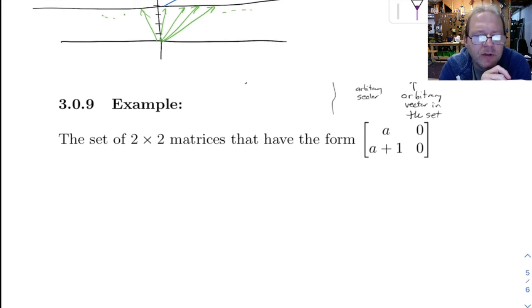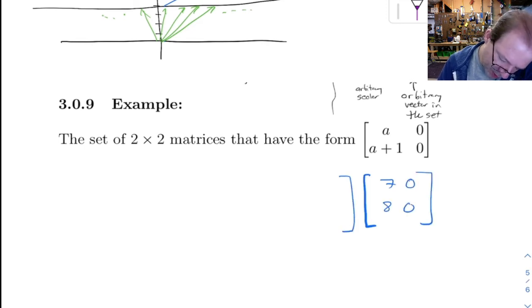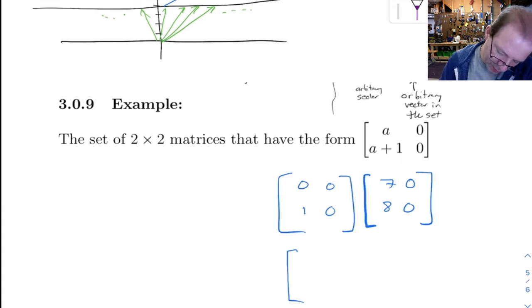This is a 2 by 2 matrix, so we can't really graph it. But one thing to notice, there's no way this can have the 0 vector. The reason is, vectors that look like this, like if A is 7, then this down here is going to be 8. So that's one matrix in this set. If you put a 0 in for A, you get a 1 there. And if you put a -1 in for A, that's what you'd have to do in order to get a 0 there.